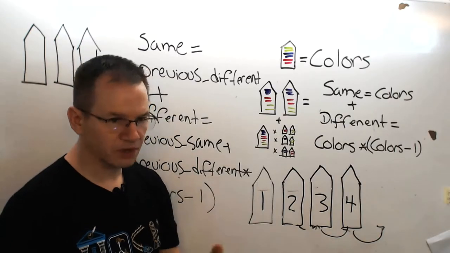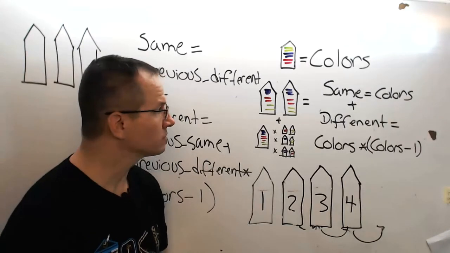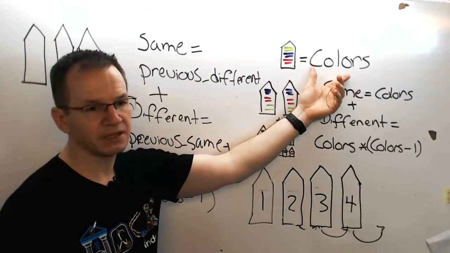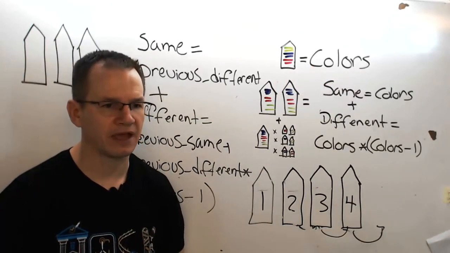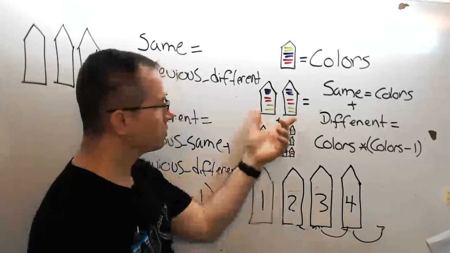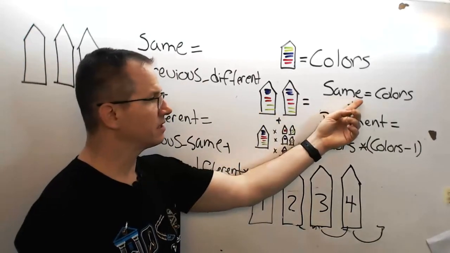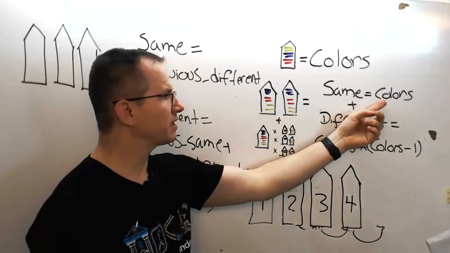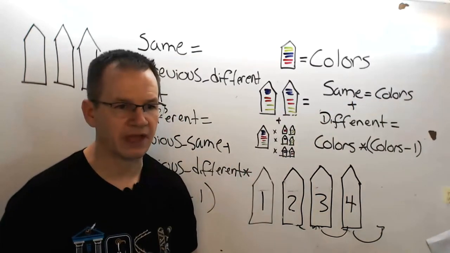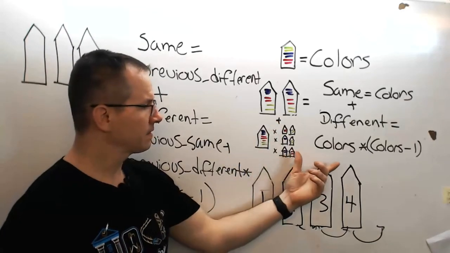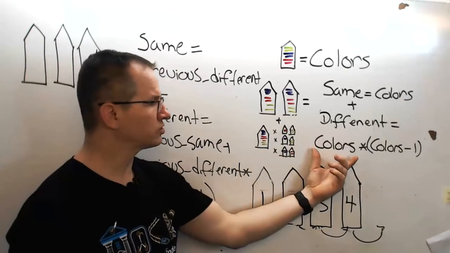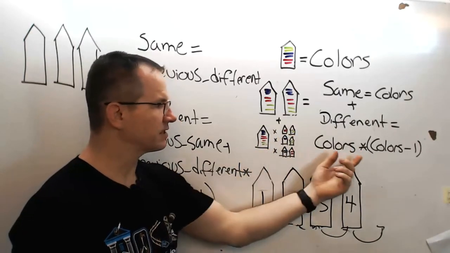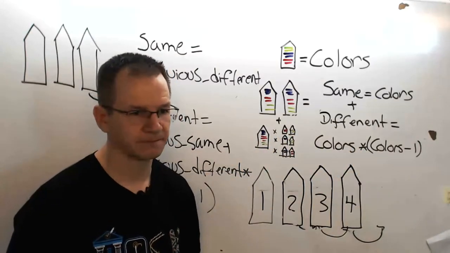All right, so in summary, let's go back through all the different ones. When we have one picket, our equation is simply the number of colors that we have. When we go to 2 pickets, it is equal to the same, which would be the number of colors, plus the different, which will be the number of colors we have, times color minus 1.